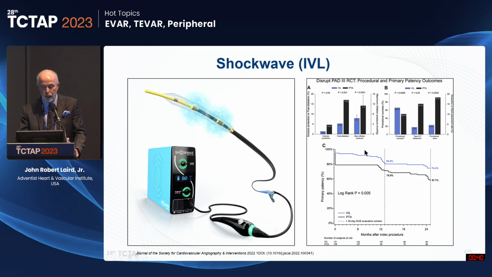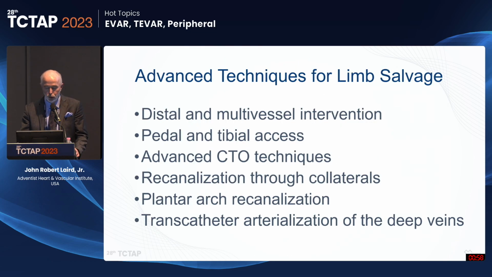And more recently, we have Shockwave intravascular lithotripsy, which has been demonstrated to be effective in multiple vascular beds, including the SFA and popliteal artery, as noted in the DISRUPT PAD-3 study, with less need for stents and better patency when Shockwave IVL was used.